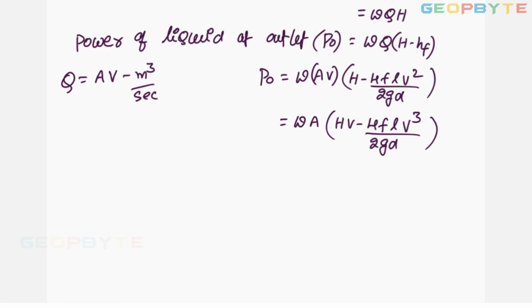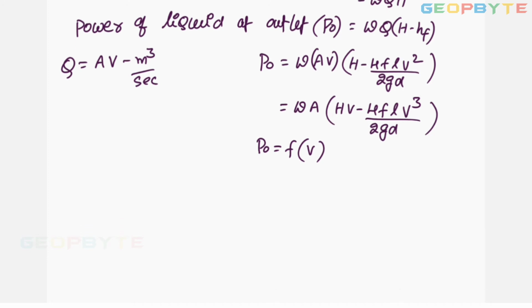Therefore, output power is the function of only the flow velocity, not outlet velocity. So the power will be maximum only for a particular value of V.